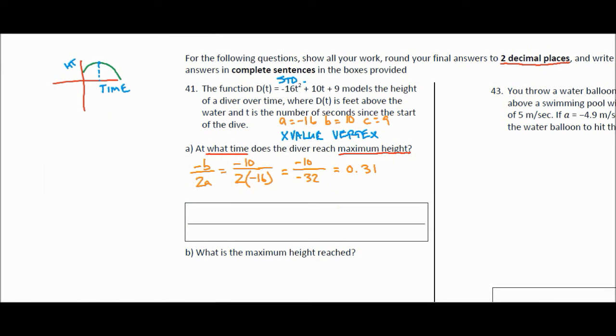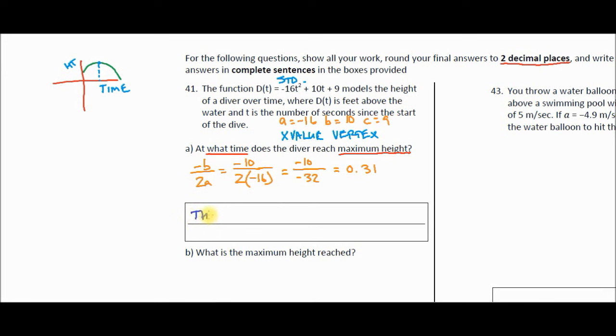Alright, so what is our final answer? Our final answer is the maximum height is reached. And I'm not even going to write this in here, class. I want you to, well, you know what, I'll take a moment to write it.